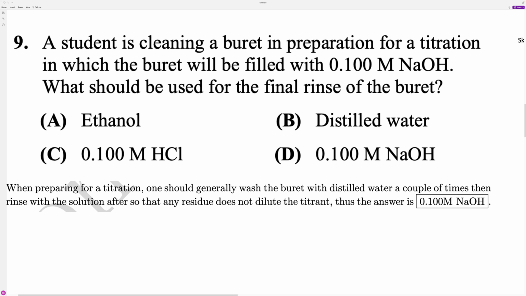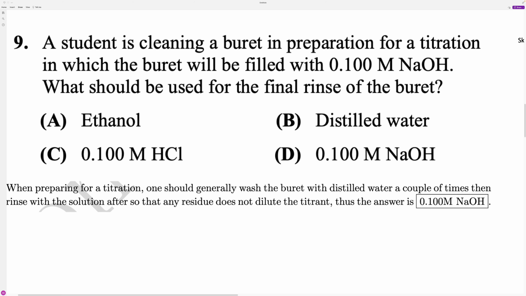In order to get the concentration of the analyte to be the most precise, you want a precise concentration of titrant so that your stoichiometry is precise as well. One of the biggest factors in this is that you don't want dilution. You don't want your titrant concentration to be inaccurate, because then your analyte concentration will be inaccurate. Reading the problem, we're filling the burette with 0.1 molar NaOH.